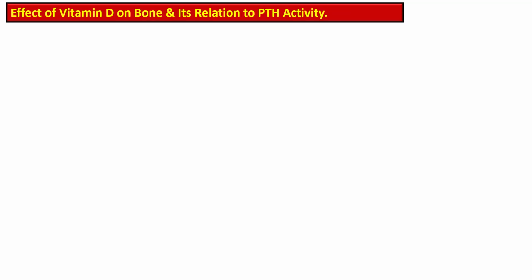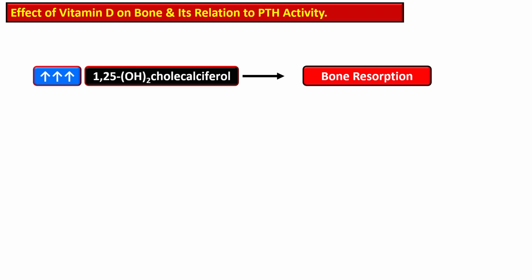In the bone metabolism, vitamin D has got a dual role. It promotes both the bone resorption and bone deposition. In high doses, vitamin D promotes bone resorption, likely due to increased calcium transport across the bone cell membrane, and it supports the bone resorption effect of the parathyroid hormone.